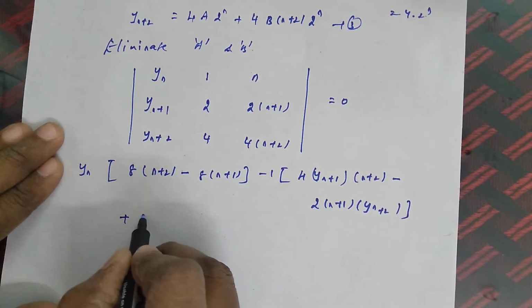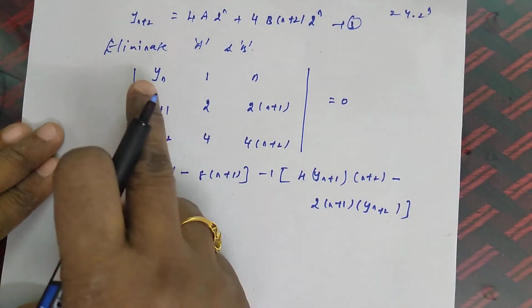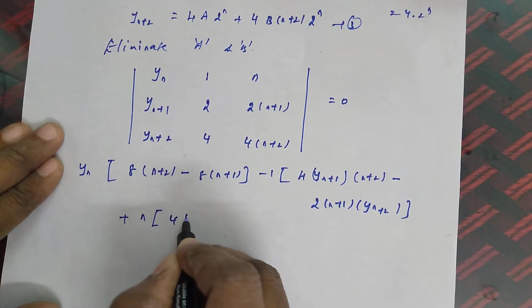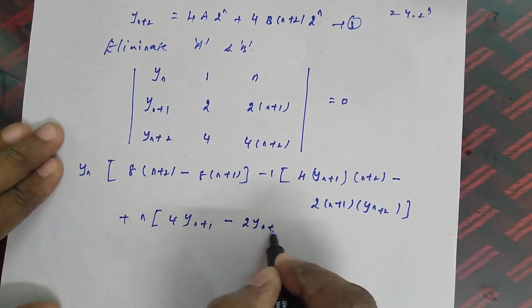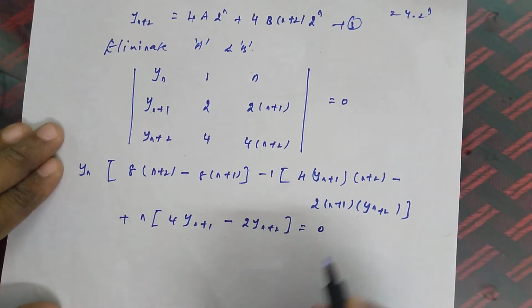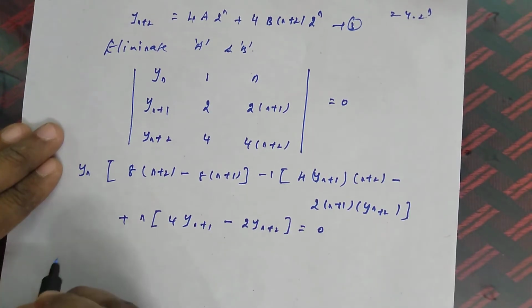Then the last term n into corresponding row and column, 4yn plus 1 minus 2yn plus 2 equal to 0.